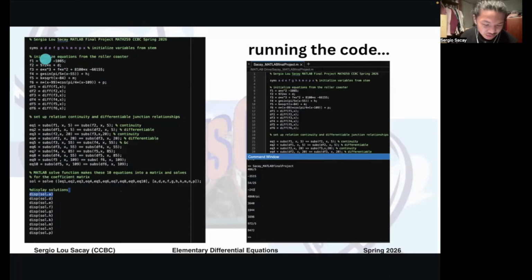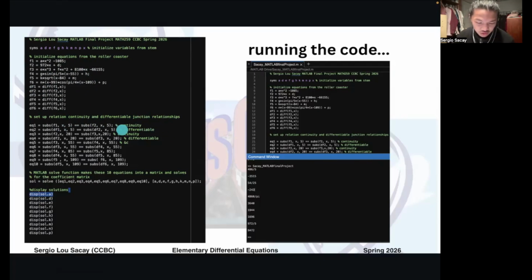This is the function before junction 1. This is the function before junction 2, and so on and so forth. And these are the derivatives of each of the prior equations: df1 is the derivative of function 1, df2 is the derivative of function 2, and so on. Here, we set up the relationships of continuity and differentiability.